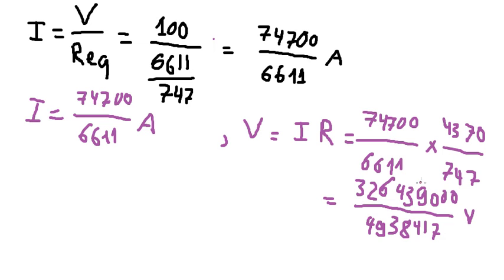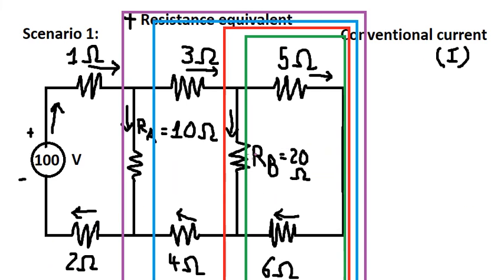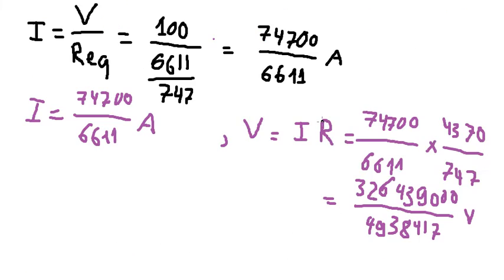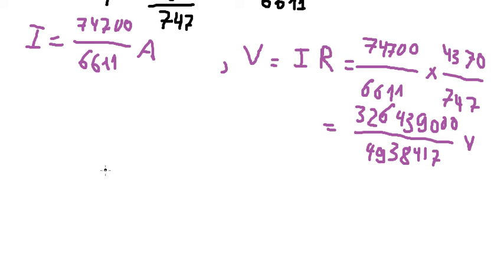And this is for the purple, because inside the purple we have the blue, which is parallel to this one. So that means RA in here equals the value of the purple, because this is parallel in here. So we have this number in here.